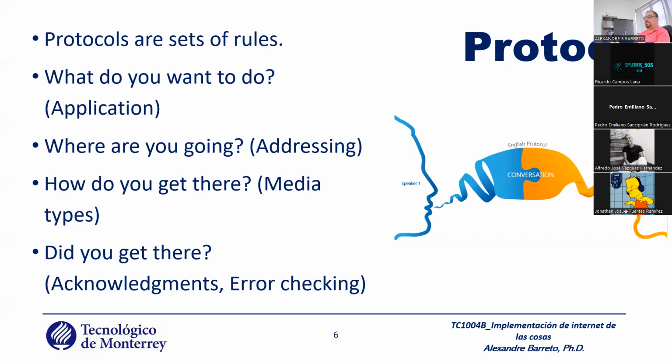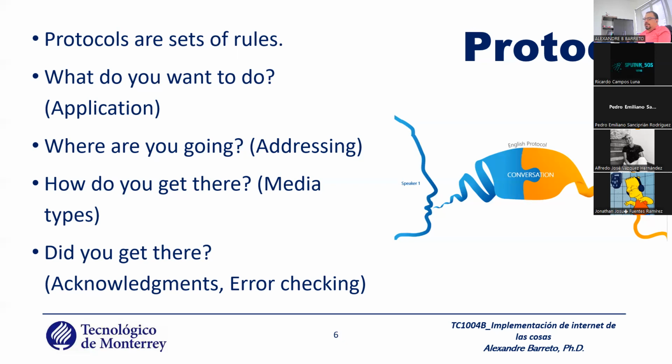And in the network, for example, when you define 5G, you define how to address the device, how to secure the device, how the message is routed from one place to another, how the message is transported from one place to another.